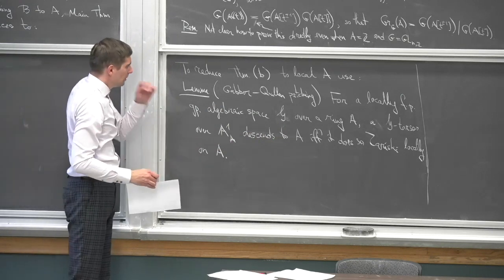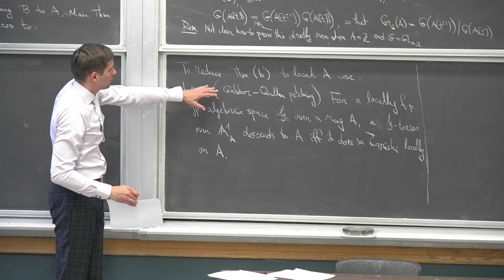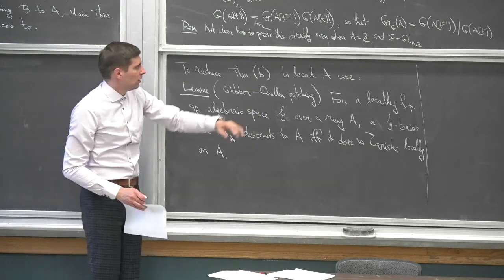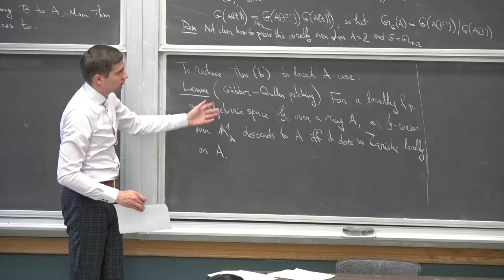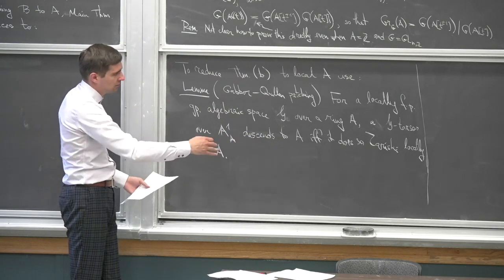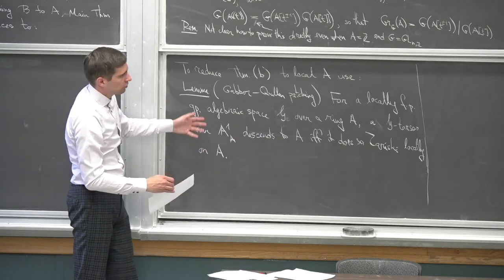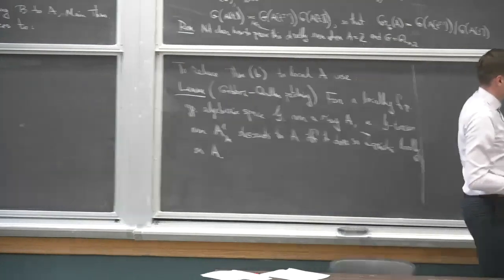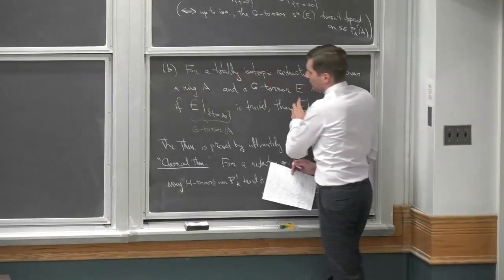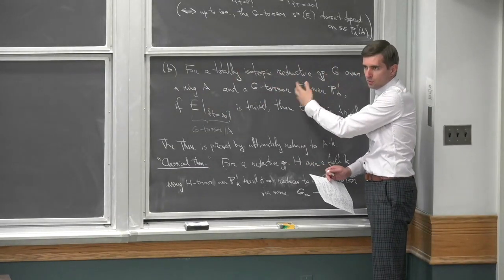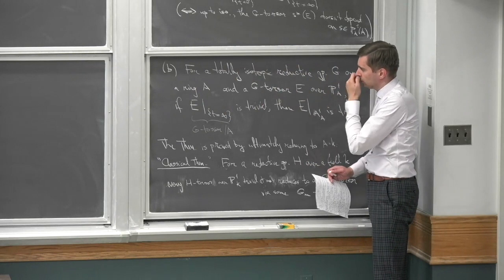So anyway, for this theorem B, one applies this lemma twice, first to the complement of infinity and the complement of zero, to reduce the whole problem in part B to the case of a local ring.